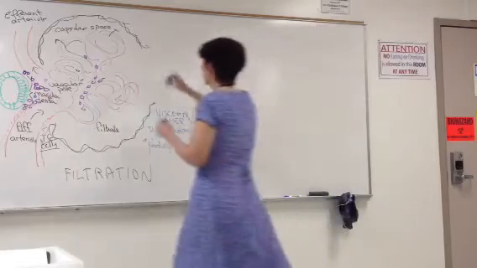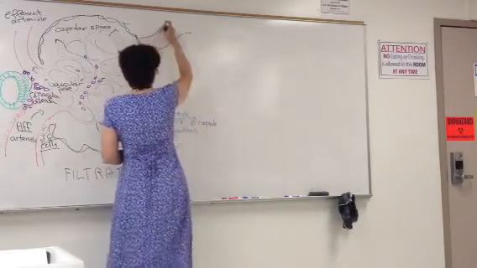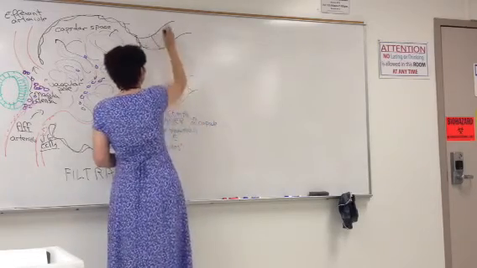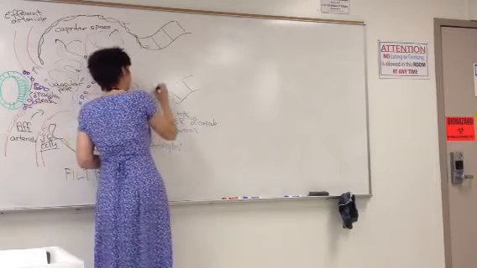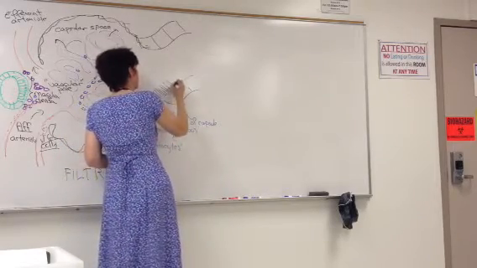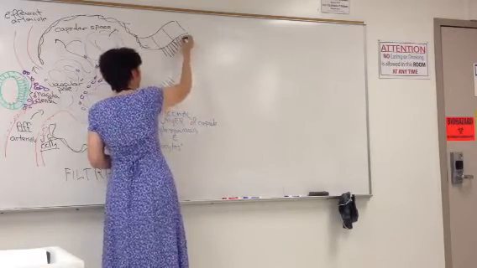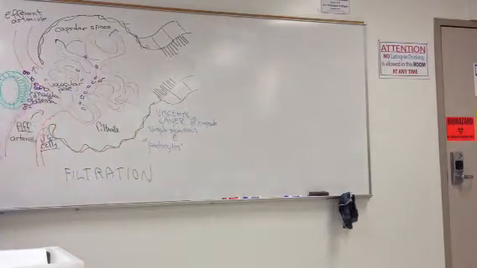So the proximal convoluted tubule is made up of simple cuboidal epithelial cells. And these simple cuboidal epithelial cells, and all of them look like this, not just the ones I'm drawing on, have these long extensions. Are these microvilli or cilia?